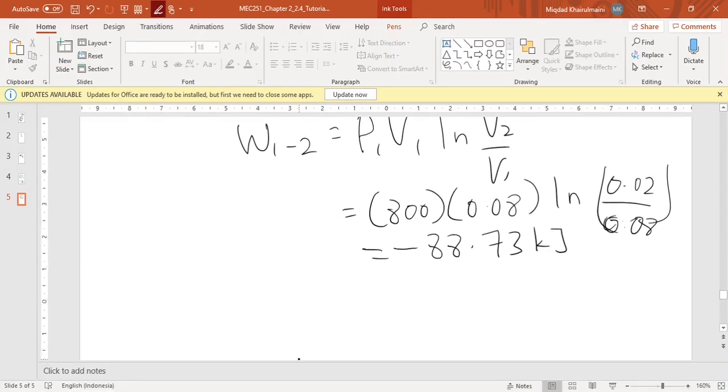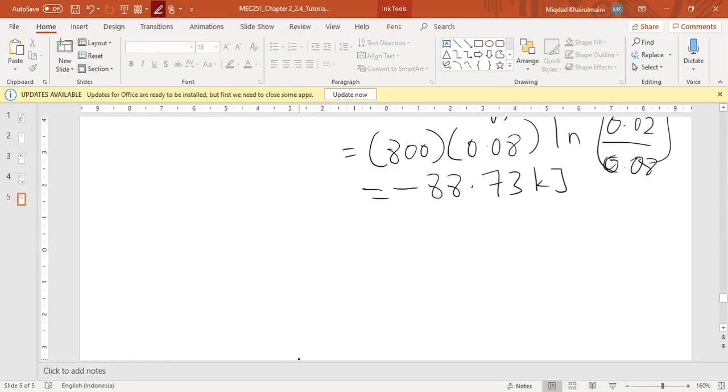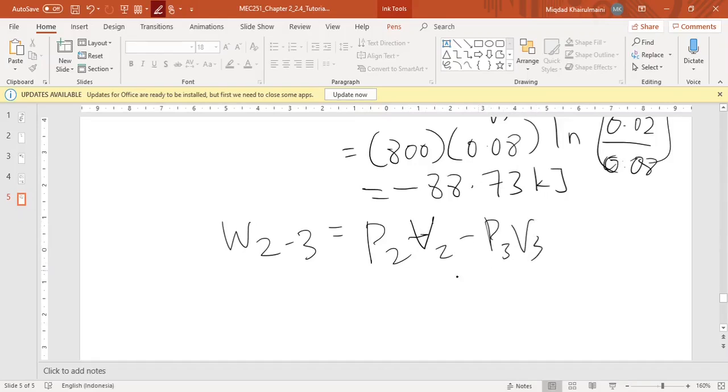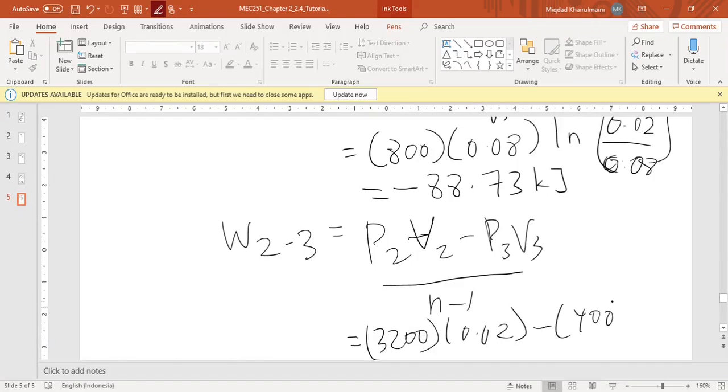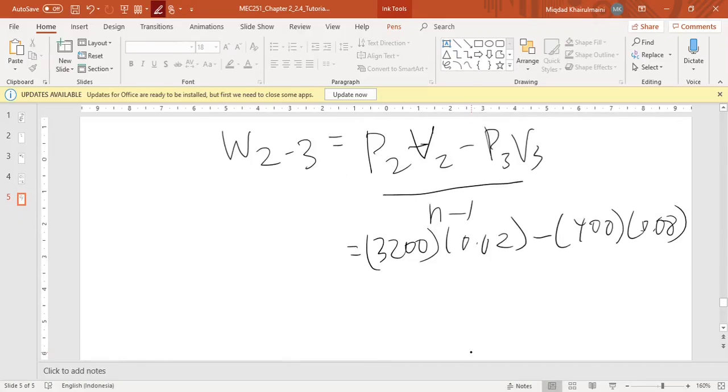And then it's work 2-3. So P2 V2 minus P3 V3, over n minus 1. We have all the values. 400 times 0.08, minus the other term, and 1.5 minus 1.